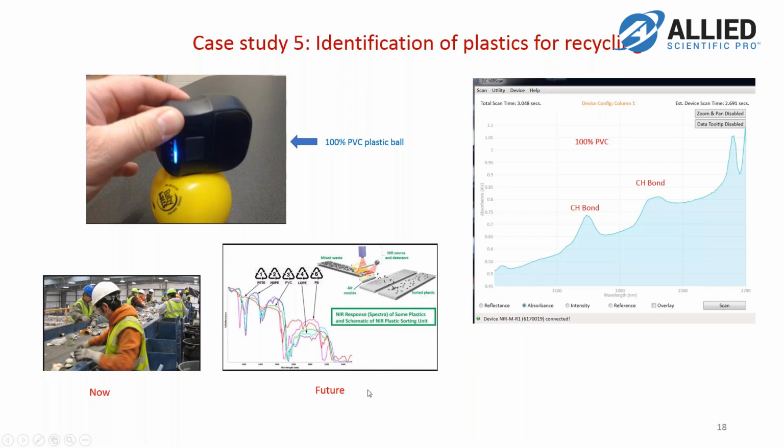So this will eliminate the worker's role in here, and this could be done using spectroscopy, and basically the process could be automated. So here I've done a measurement from a PVC plastic ball. It's 100% PVC plastic ball, and you can see CH bonds in the absorption plots at 1200 nanometers and around 1400 nanometers. So this is a promising application.